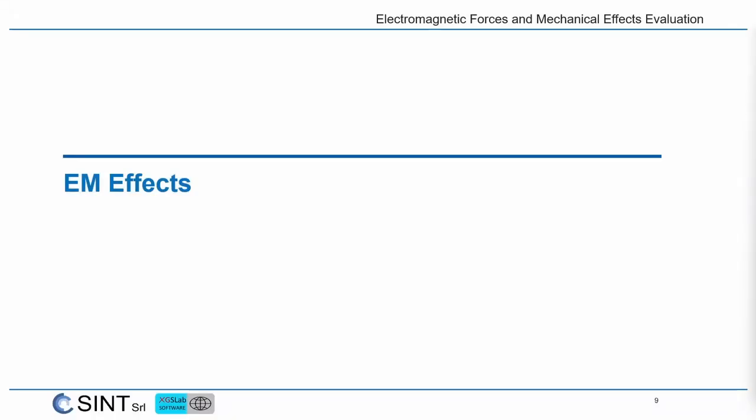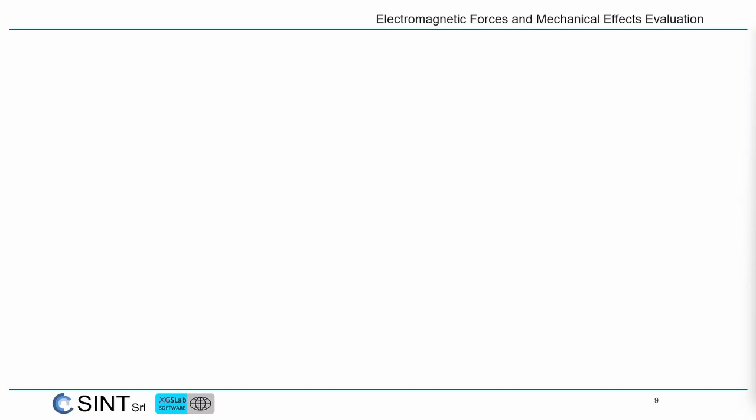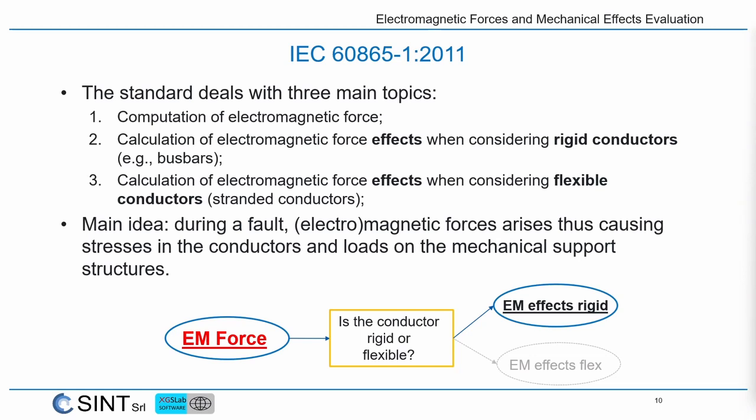This second part is about the electromechanical effects evaluations. Indeed, as exposed in the standard reported in slide, we have three main aspects when dealing with the mechanical effects evaluation: the computation of the electromagnetic force, the calculation of the force effects in case of rigid conductors, and the same type of calculation when considering flexible conductors.